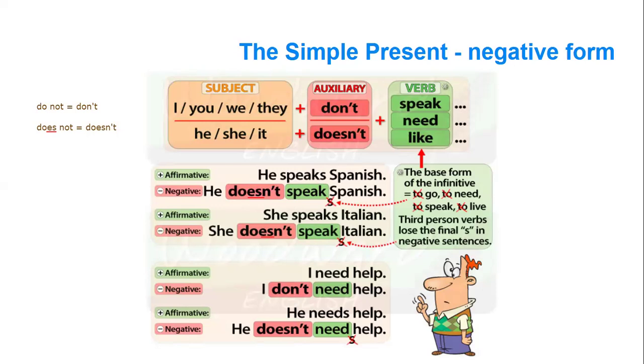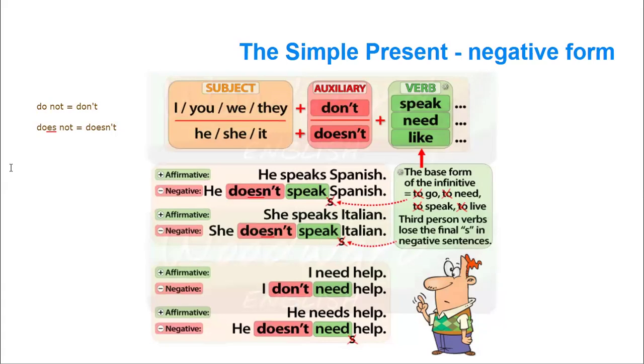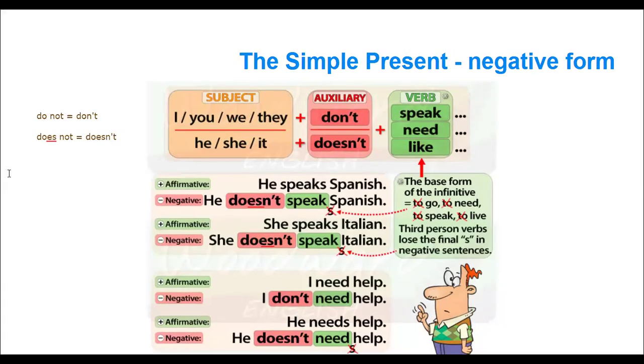Okay, is this clear? Yes, it's clear. All right. So let's see. For example, I'm going to give you here some phrases in the positive form, and you change them into negative. So for example, let's start with an easy one. We can say, I work every day.